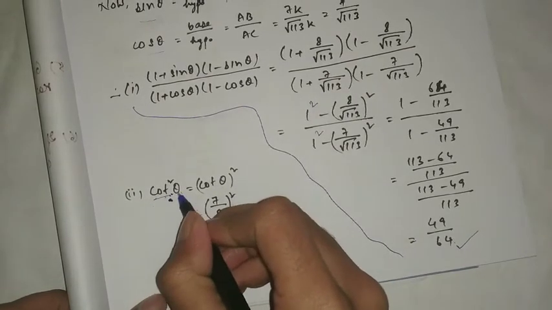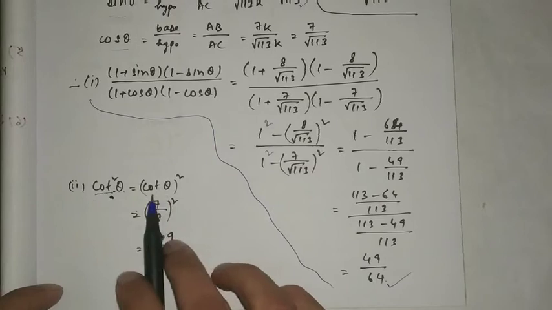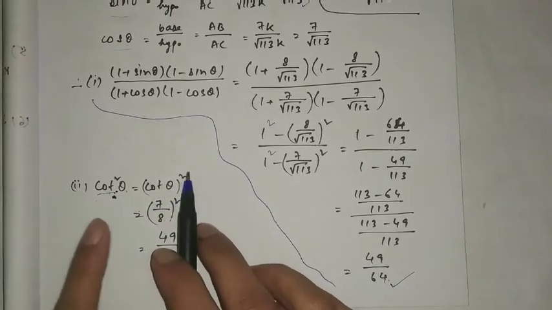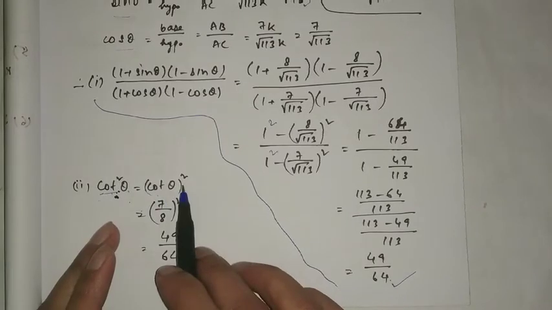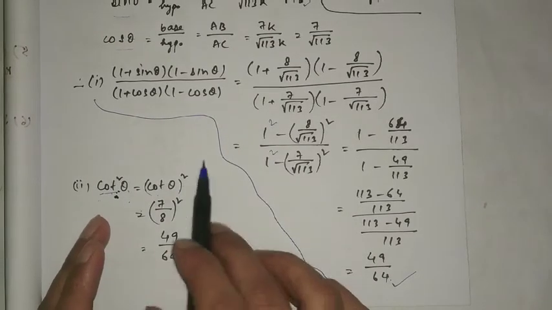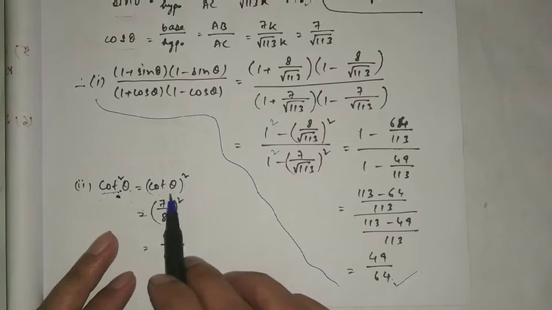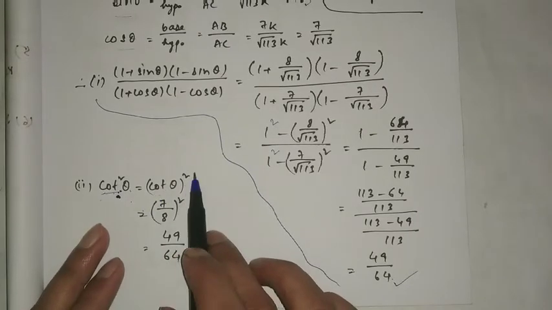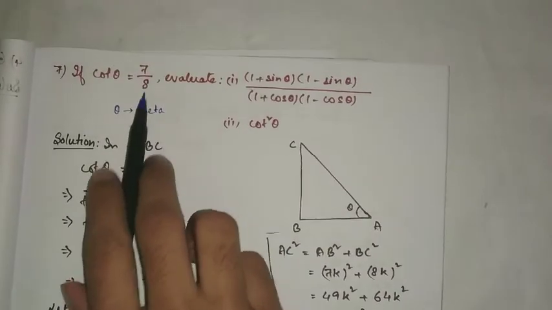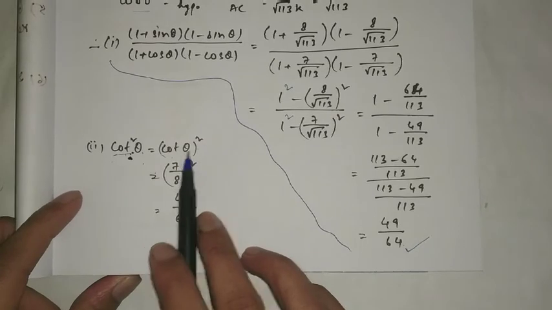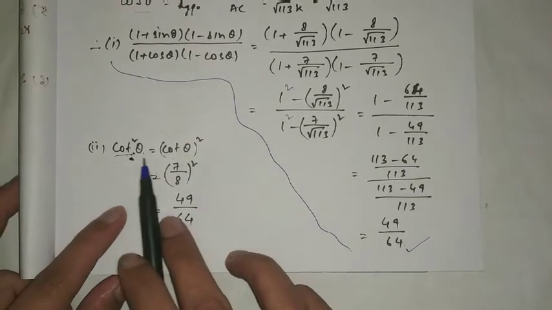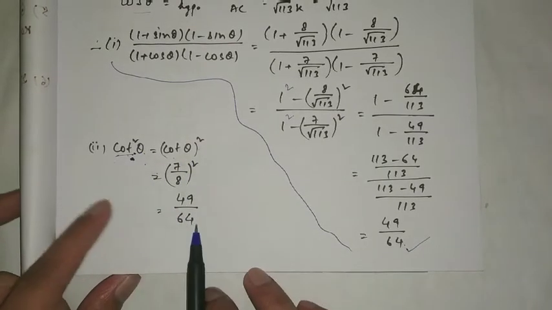This term cot square theta means cot theta is squared as a whole, not only cot. So cot square theta is nothing but cot theta whole square, and the value of cot theta is given in the question itself as 7 by 8. So we just simply put the value of cot theta as 7 by 8 and we get cot square theta as 49 by 64.